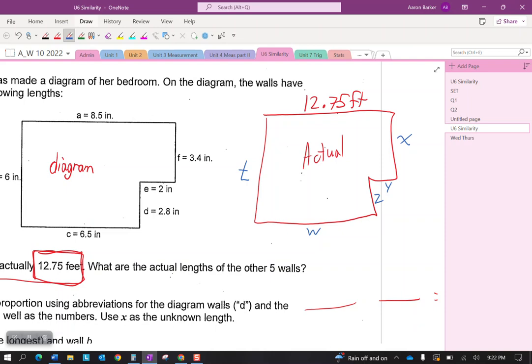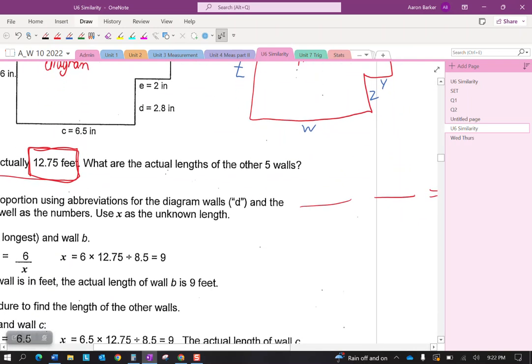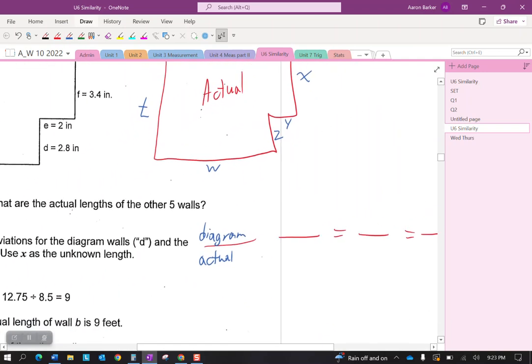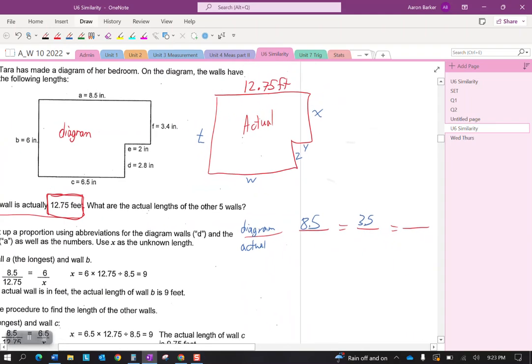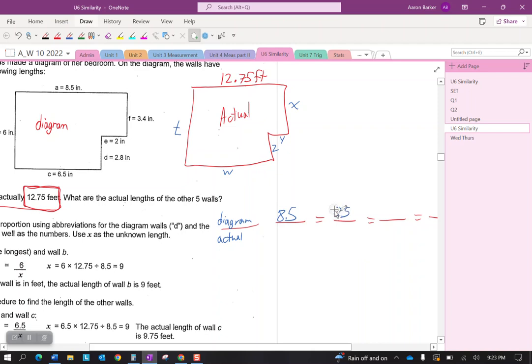So which image do we want on the top, the diagram or the actual? Well, let's put the diagram on top and the actual numbers on the bottom because we need to practice that. So for the diagram, we have 8.5, and we're just going to go around the diagram. Then we have 3.4, I said that wrong.